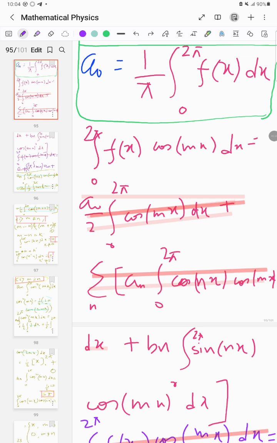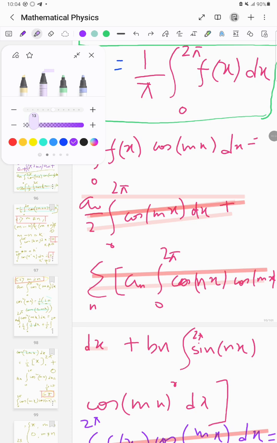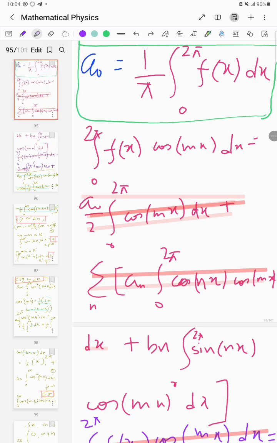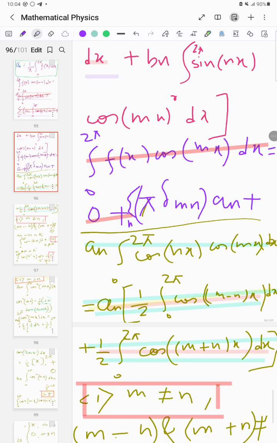So, yeah, this integration, we have evaluated this part, right? Which comes out to be 0. This part comes out to be Dirac delta, isn't it? Now we'll come to the third part, which has integration 0 to 2 pi sine nx cos mx dx.